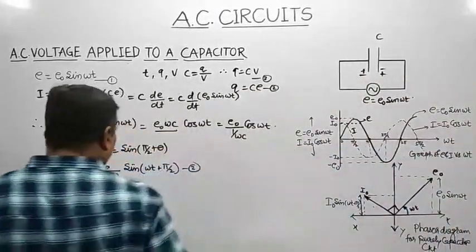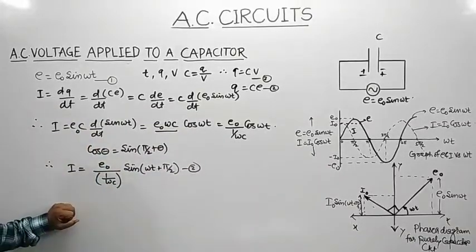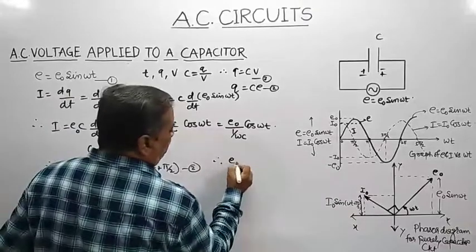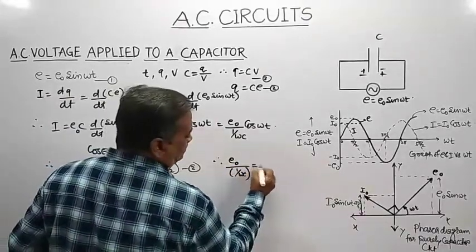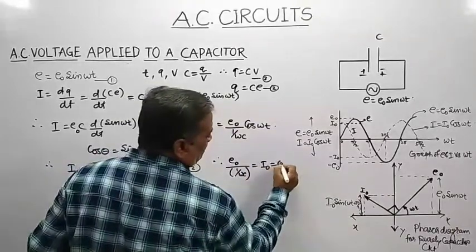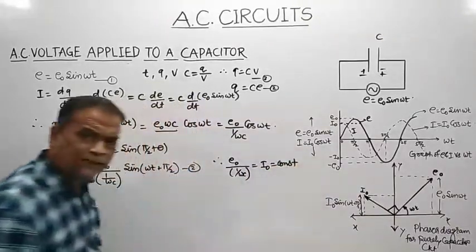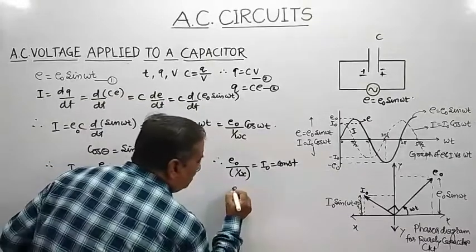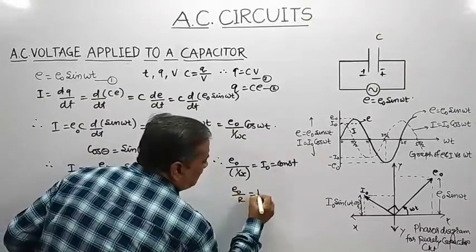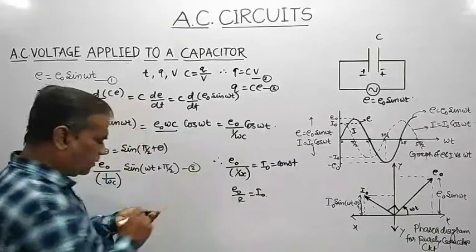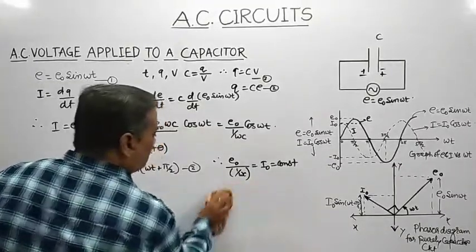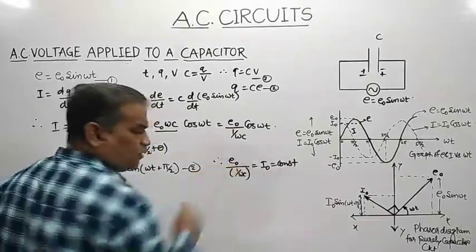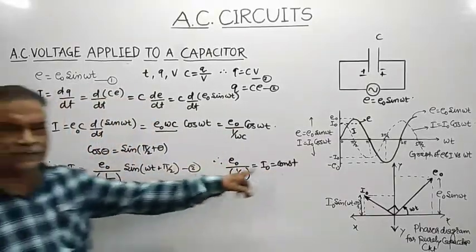As E0 is constant and omega c is also constant, E0 upon 1 by omega c must be equal to a constant, and say that constant is I0, because according to Ohm's law, E0 upon R is equal to I0. So E0 upon 1 upon omega c is a constant, denoted by I0.